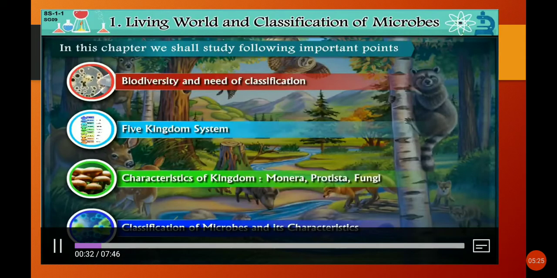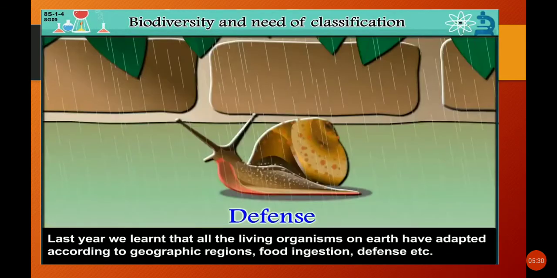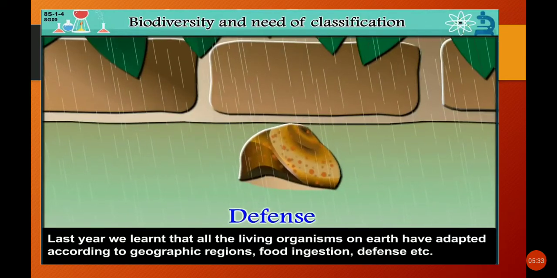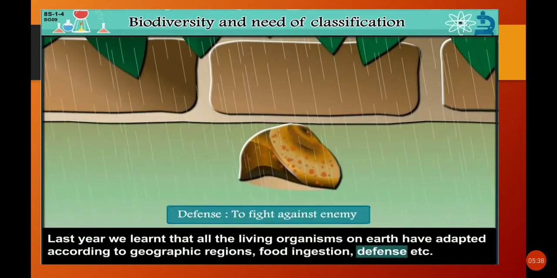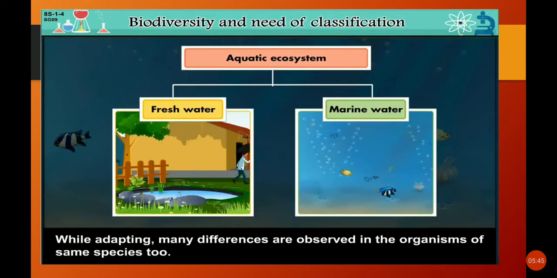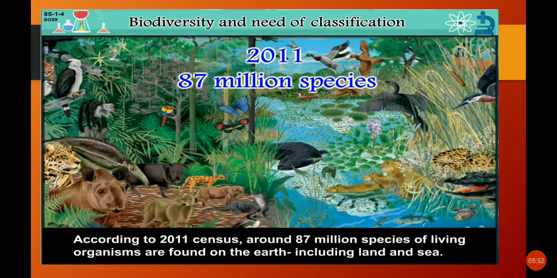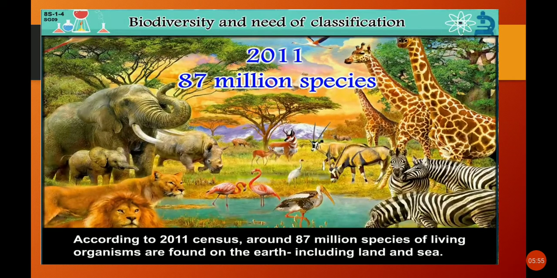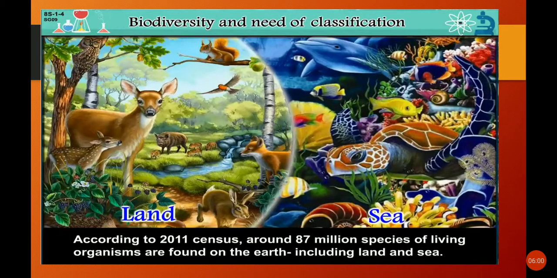Organisms are studied in detail according to geographic regions, food ingestion, defense, etc. Ingestion means taking in food. Defense means to fight against enemies. While adapting, many differences are observed in organisms of the same species too. According to the 2011 census, around 87 million species of living organisms are found on the earth, including land and sea.